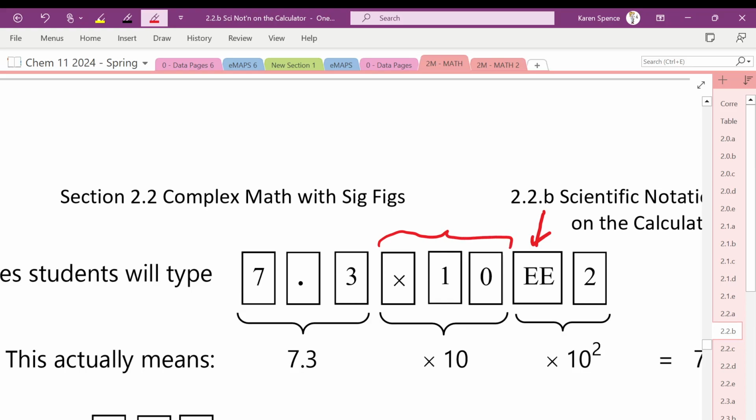So they type in 7.3 times 10, and then they do the EE button, right? But remember, this EE button already includes the times 10 to the. So if you do that, you end up multiplying by 10 twice. So you don't ever want to type times 10. Never type times 10. Okay, not literally.